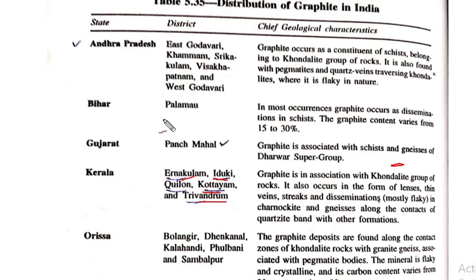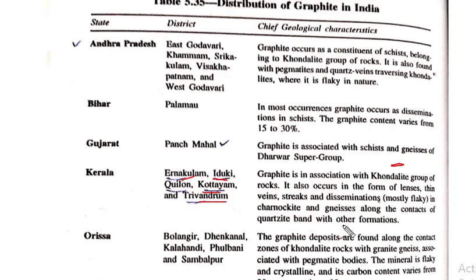And charnockites are also high grade, granulite grade metamorphic rocks, and gneisses, along with the contacts of quartzite band with other formations.